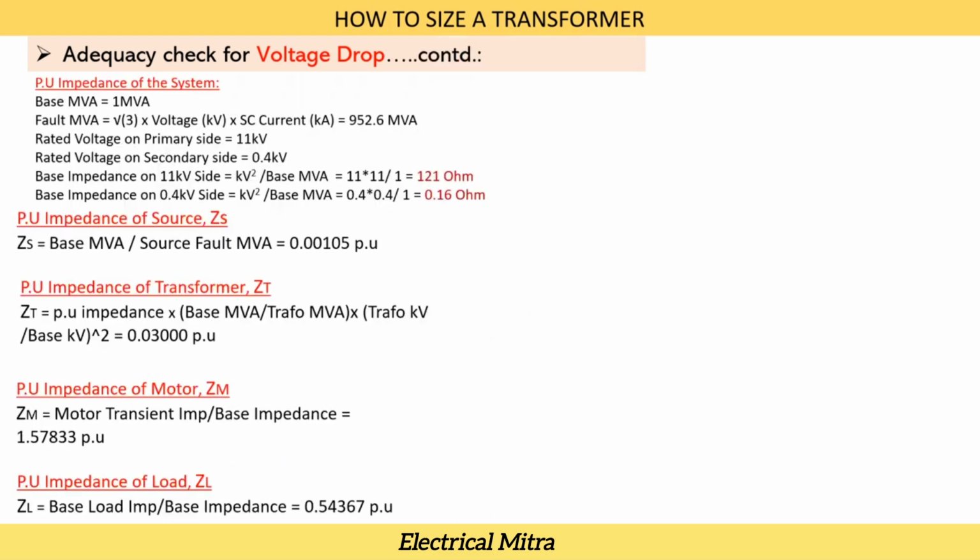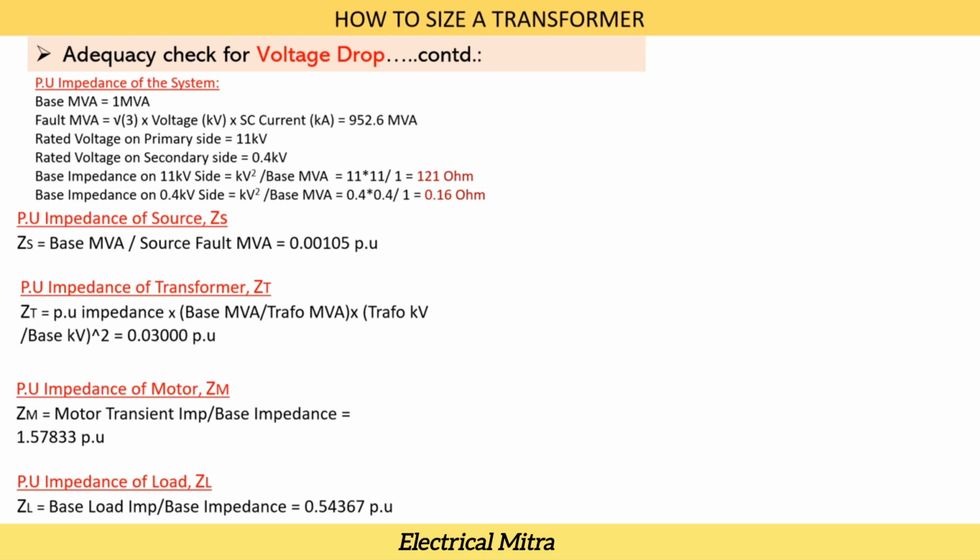Considering the base MVA as 1 MVA, we have base impedance on the 11 kV side equal to kV square by base MVA, which is equal to 121 ohms. Also, the base impedance on the LV side is equal to 0.16 ohms. Now, per unit impedance of the source works out as 0.00105 per unit.